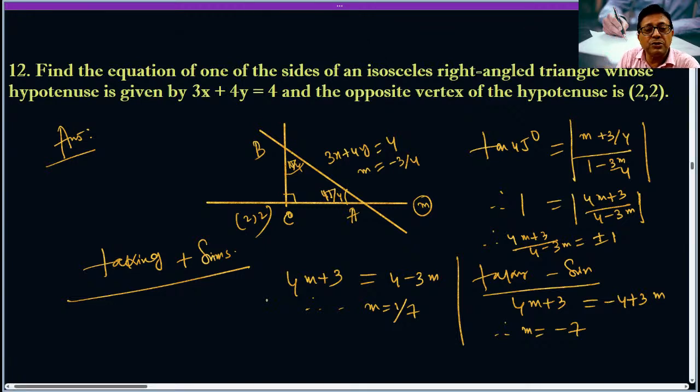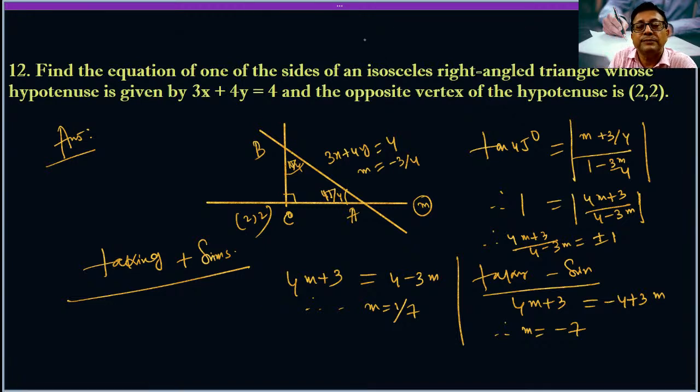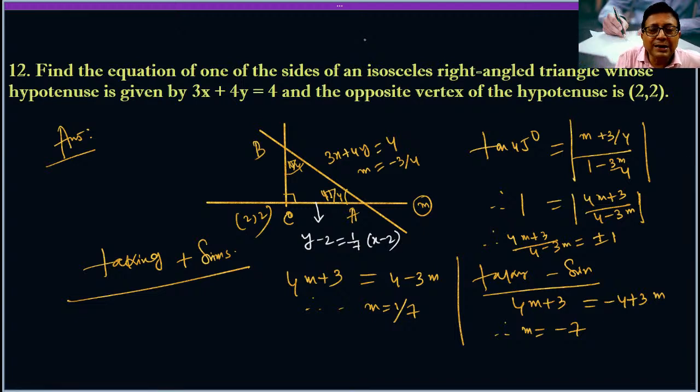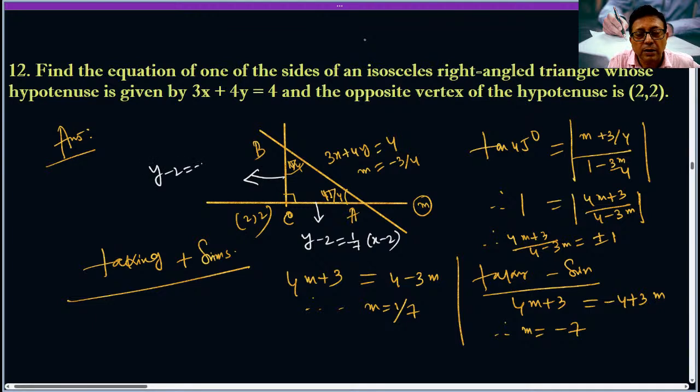Now we have to write the equation of two lines. Let me write this line here. Suppose its slope I got 1 by 7. So y minus 2 equals 1 by 7 times x minus 2, and equation of this line is what?